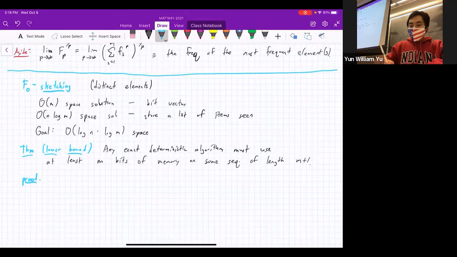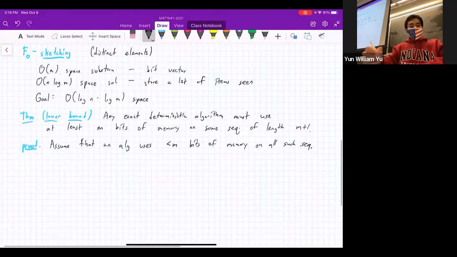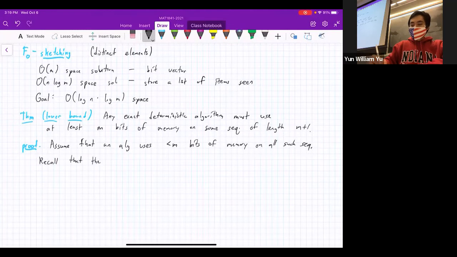So what can we do? So assume, oh, wrong color. Let's start by assuming, for the sake of contradiction, that an algorithm uses less than m bits of memory on all such sequences. And well, let's recall that the power set has cardinality 2 to the m.